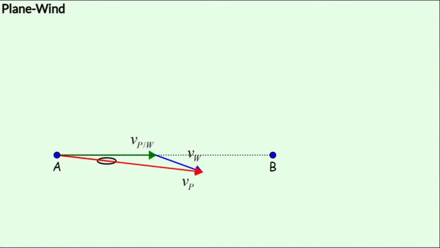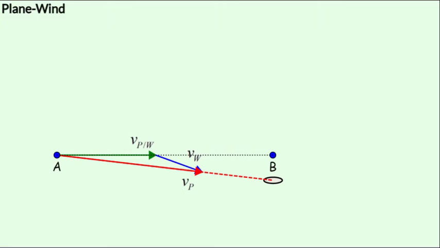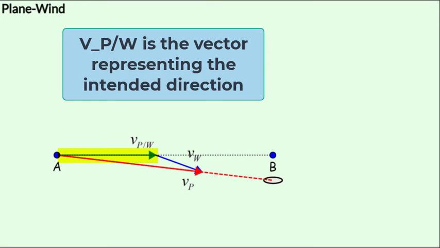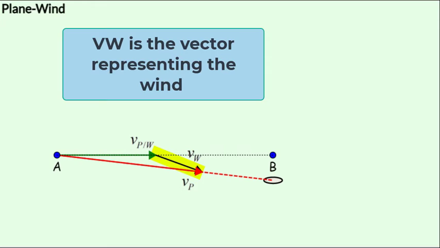Let's say there is a wind blowing towards the southeast direction. The pilot heads out along a line joining A and B, so that is the vector Vp with respect to W. And the orientation of the plane is parallel to the line AB. The wind is blowing in the southeast direction, so that is represented by the blue vector Vw.